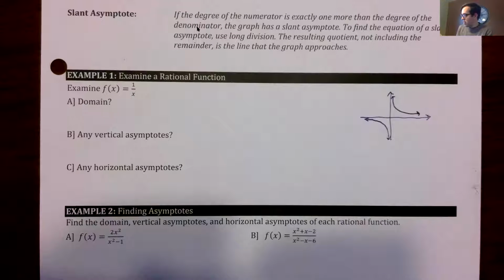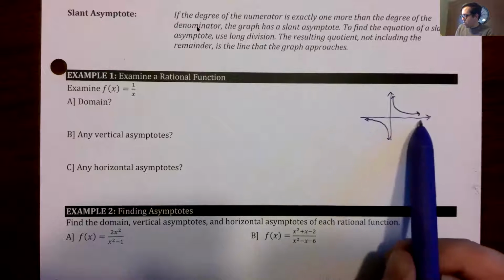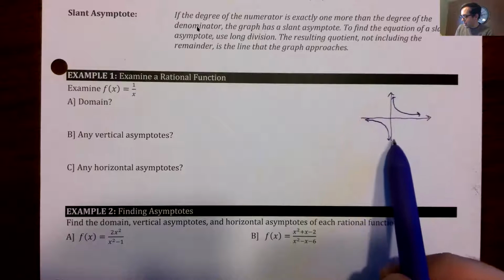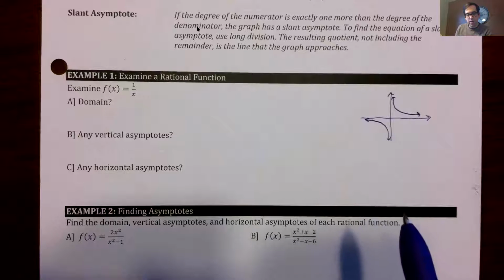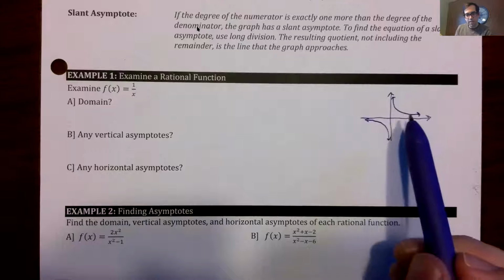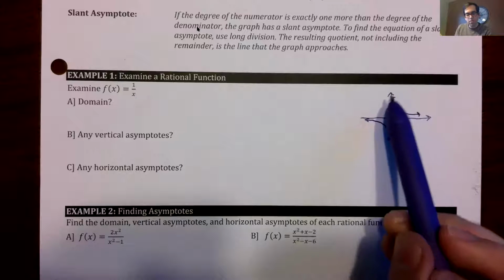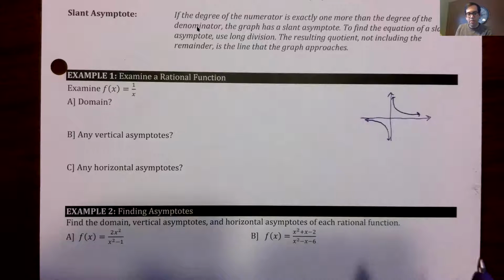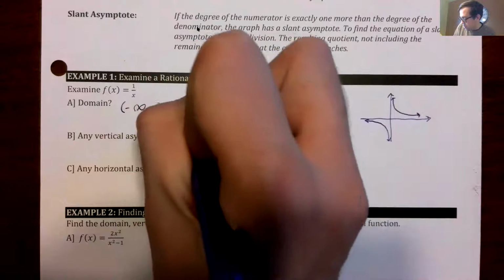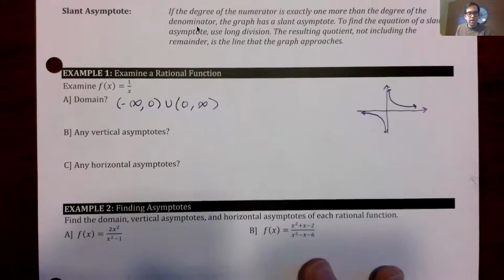So here, the domain is going to be almost all real numbers, but when x equals 0, if you look up and down the y-axis here, there's no point ever with an x value of 0. This curve just keeps going forever to negative infinity. This curve keeps going forever up to positive infinity. And it never touches the y-axis. So this domain is going to be negative infinity to 0, union 0 to infinity.